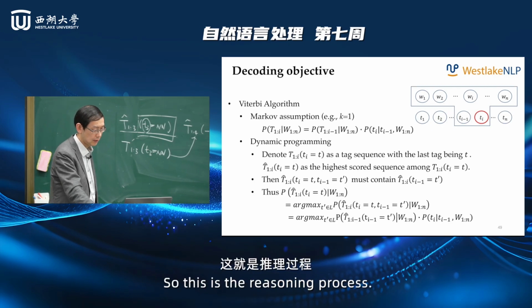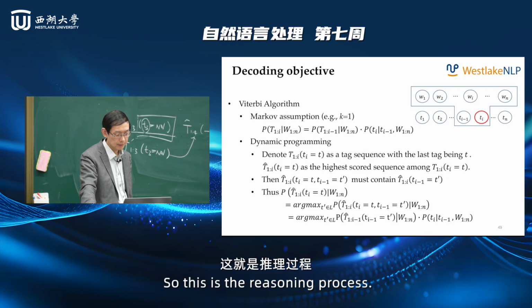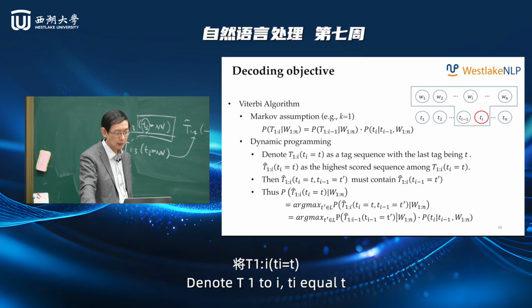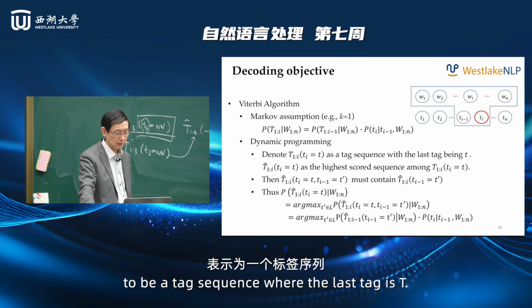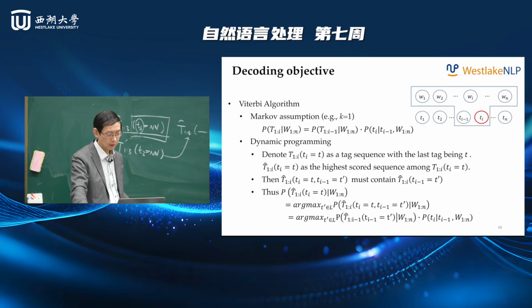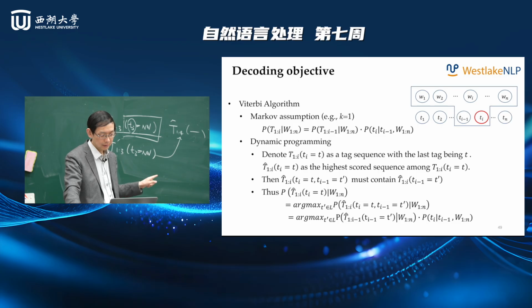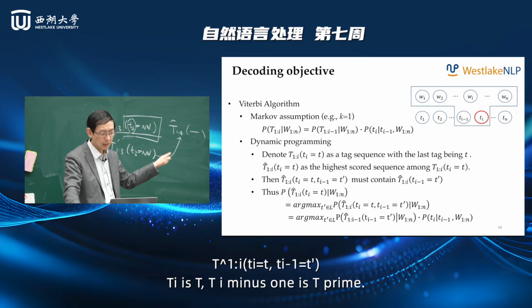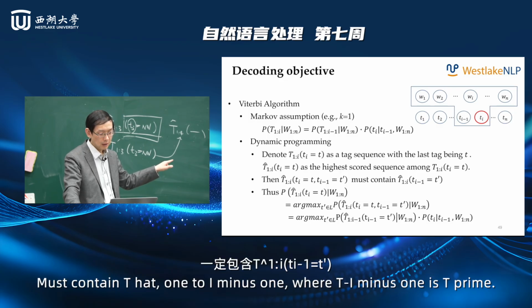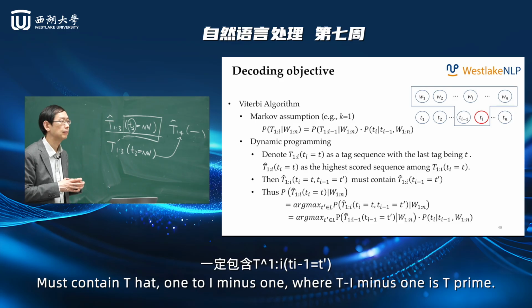Okay? So this is the reasoning process. Denote t_1 to t_i, with t_i equal to t, to be a tag sequence where the last tag is t. You can prove that the best t-hat_1 to i, where t_i is t and t_{i-1} is t prime, must contain t-hat_1 to i-1, where t_{i-1} is t prime.